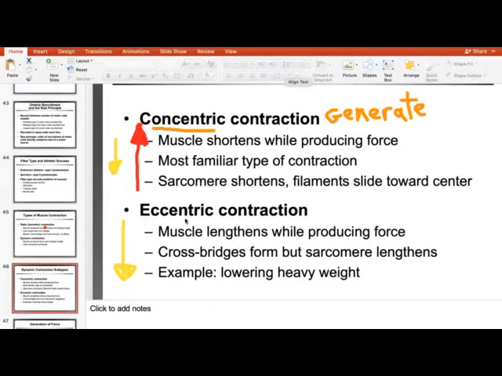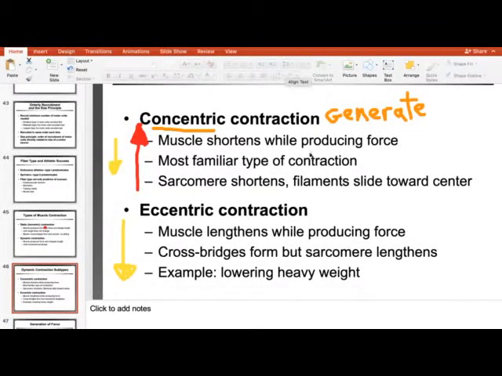An eccentric muscle contraction is usually lowering things down. If I didn't have an eccentric muscle contraction when I'm lowering the weight down, the weight would free fall and it would snap my arm straight. Probably rupture my bicep. So usually an eccentric muscle contraction is overcoming the force of gravity, overcoming that drop.